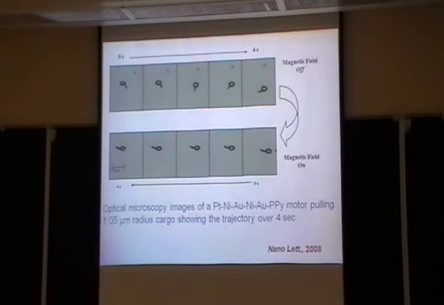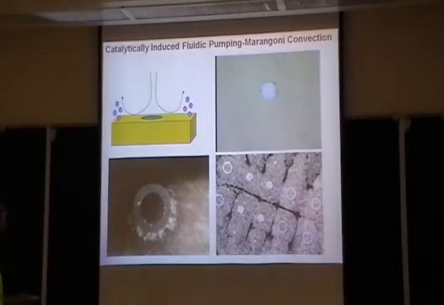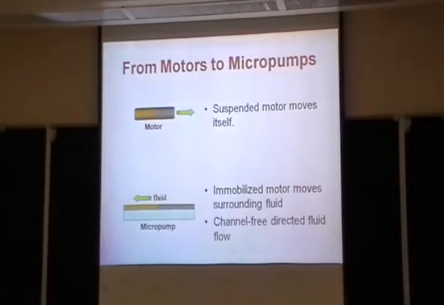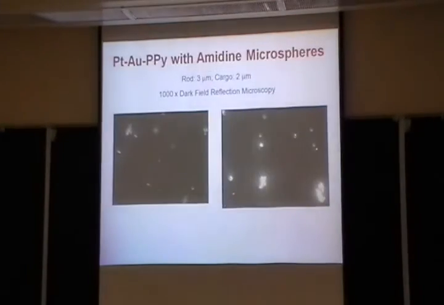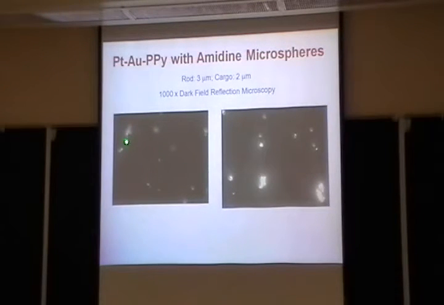So I guess in all these, the rod is pulling the cargo. In this case, let me see what the configuration was. Oops. Keep going in the wrong direction. So the cargo was at the back. The platinum end is the leading end. So you can see that the cargo is at the back in this case.